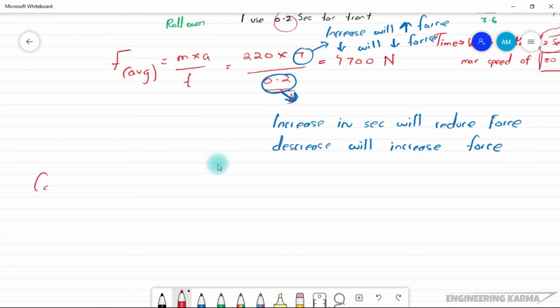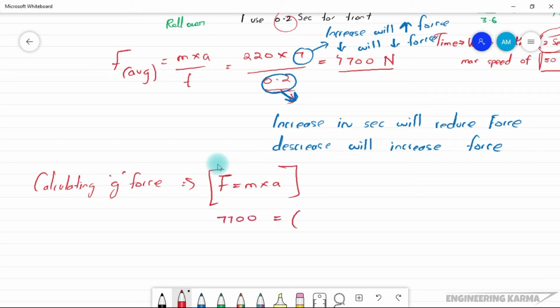We can consider this as the impact force, but people multiply the mass with g-force. We know F equals ma. Use the calculated average force value here, and the total mass.